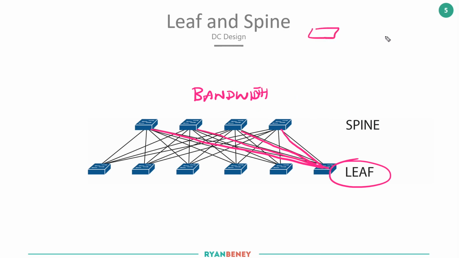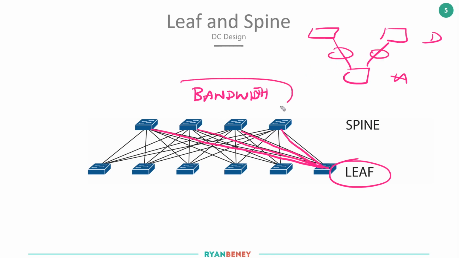So we'd have 2 distribution switches and our access switch, and sometimes you'd have only 2 uplinks for resiliency. Whereas in this scenario, we're after resiliency, but we're also after bandwidth, because this is where all of our servers and all of our hosting sits, and the traffic in this data center is going to be high volume. Therefore, we need to ensure that there's no bottlenecks in the network.